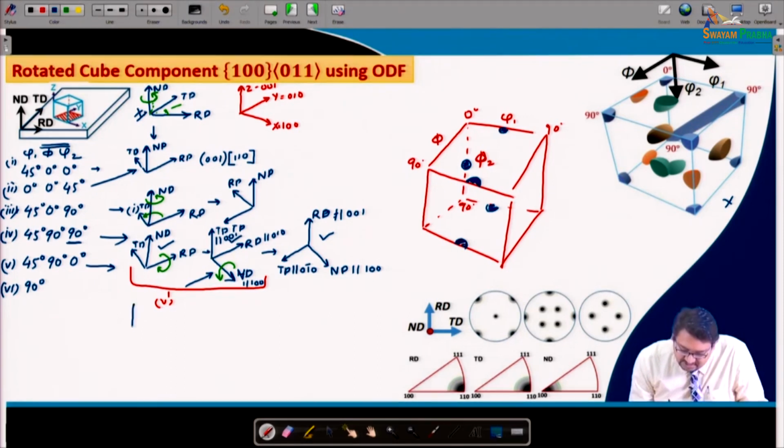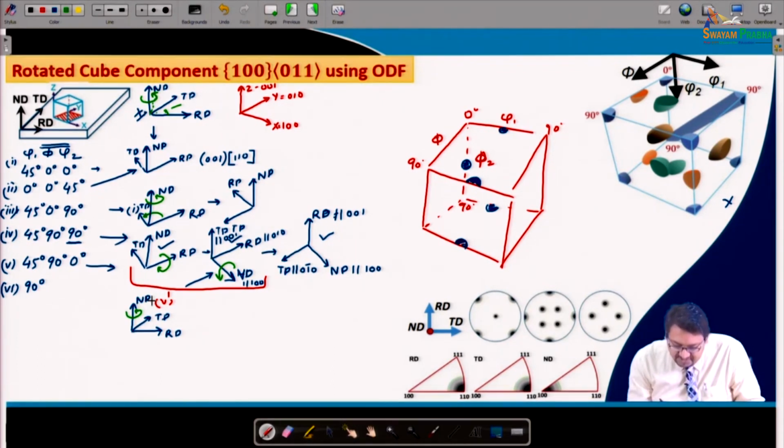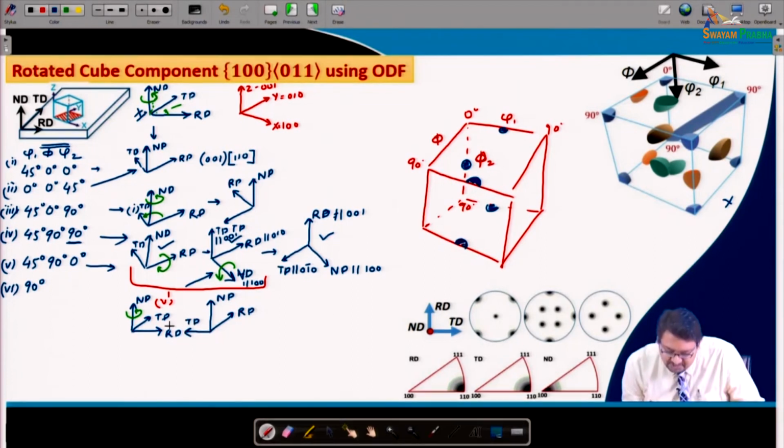ND, RD, and TD is the initial situation of the specimen axis, and we are giving a 90° rotation along ND, which is phi 1 rotation, and then it will become something like this: ND, RD, and then TD. So, you see the position of ND, RD and TD has changed.